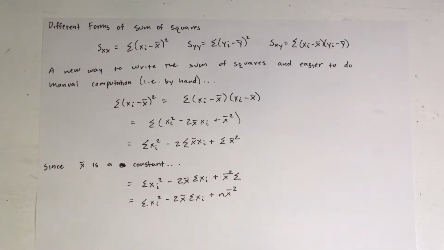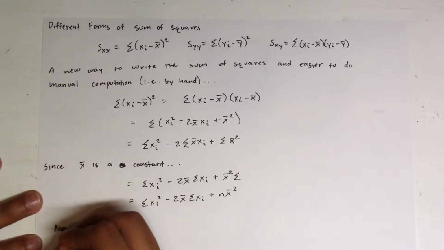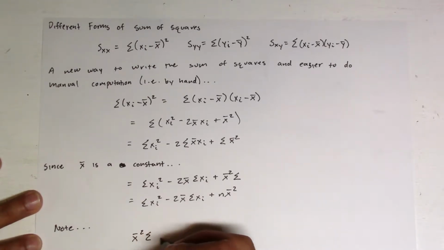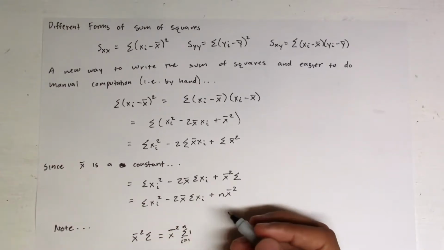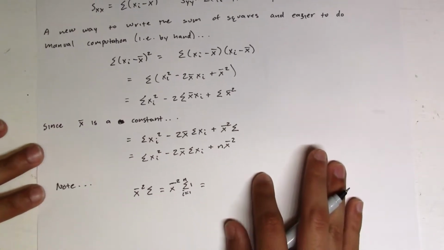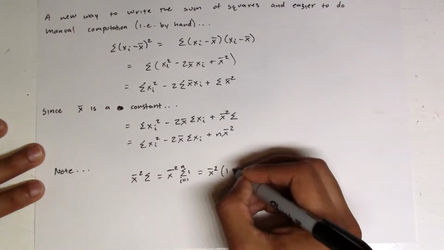And just because I don't feel like I was clear about that, I'm going to show you right now. So let's note that this can be written as this. So we could say x bar squared times the sum from i equals 1 to n of 1. So we're going to add 1 n times.